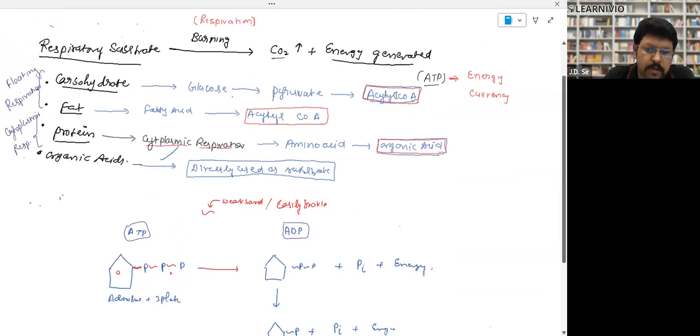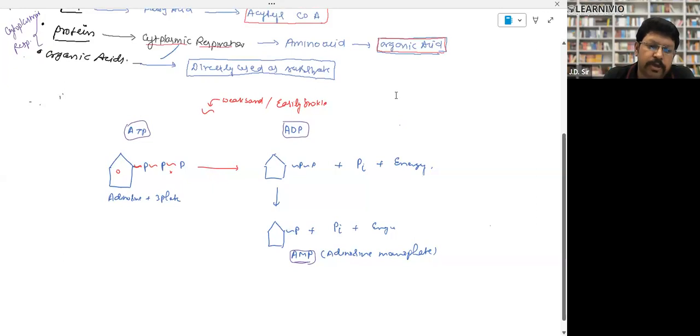Yes, sir. Okay. One more thing I want to explain to you about ATP. By the way, I have explained it in the part of biomolecules as well, right? So try to understand. Look, ATP is called the energy currency. Why?